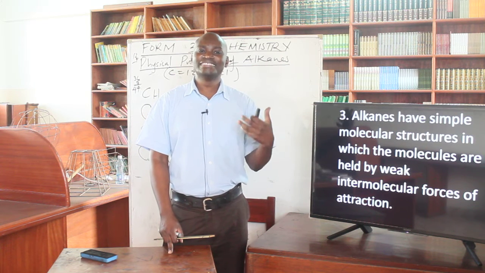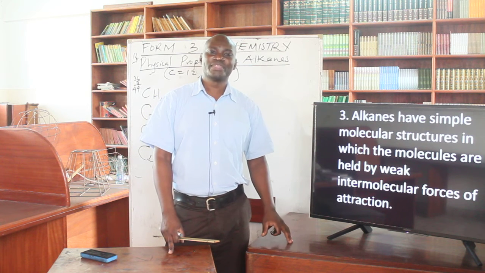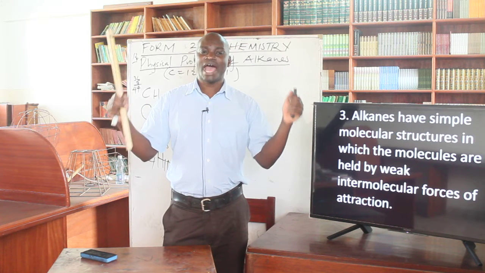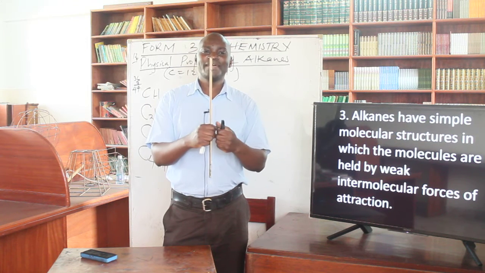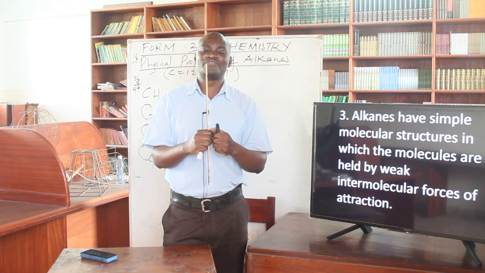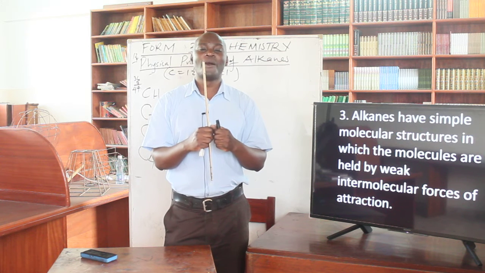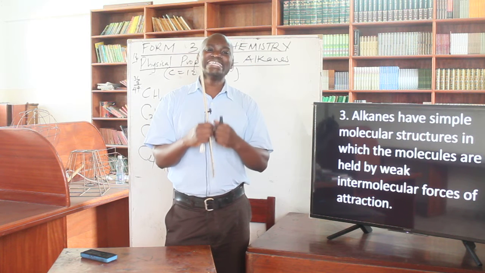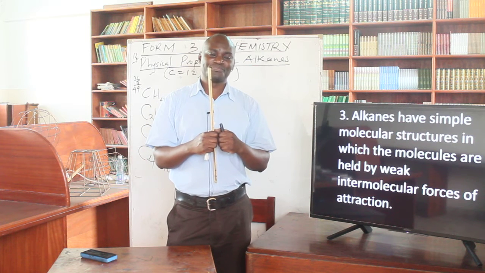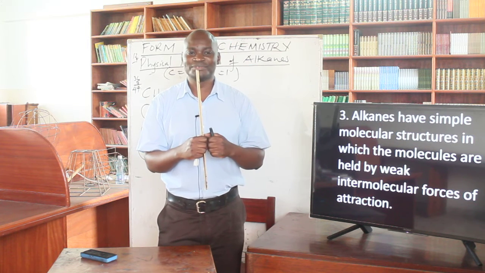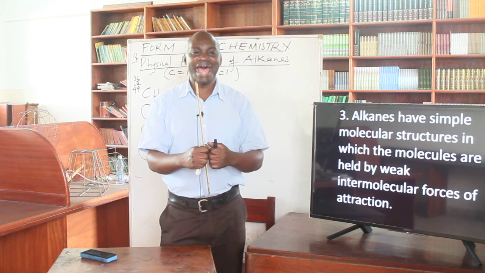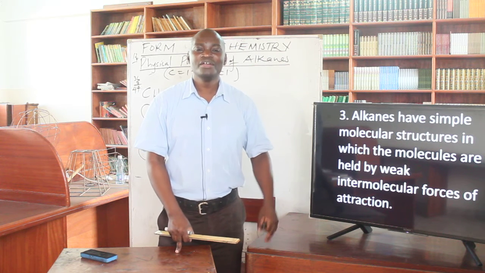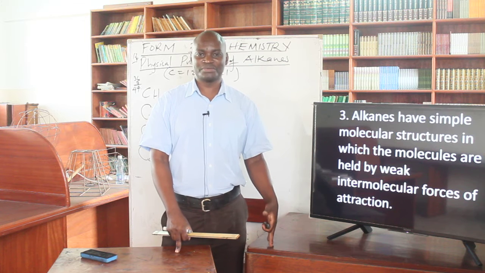And we know that in simple molecular structures, atoms are bonded by strong covalent bonds to form discrete molecules, to form independent molecules. These stable molecules are in turn held by weak intermolecular forces of attraction.